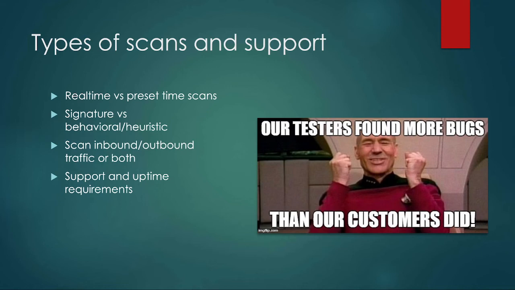Is this known malware? We can have behavioralistic or heuristic scans. Is this really weird behavior? So do we have somebody logging onto the server and copying a lot of files off of the server? How strange. We can scan traffic, so we can think about the traffic coming into and out of the server.